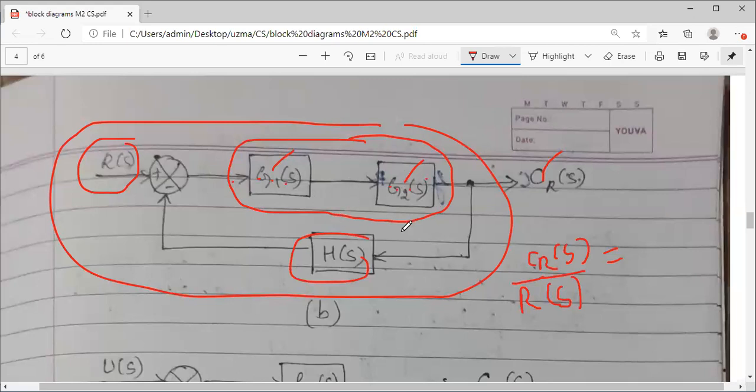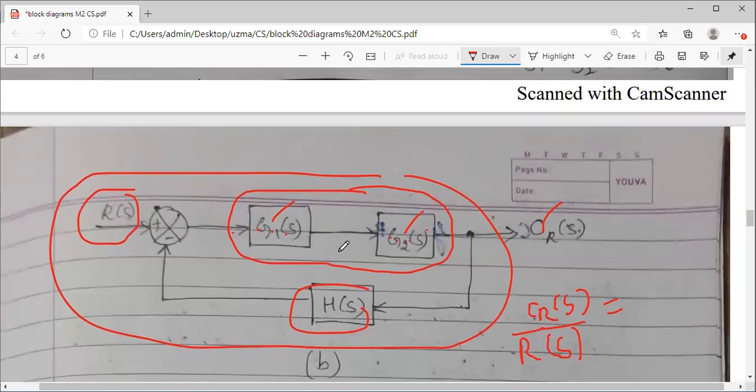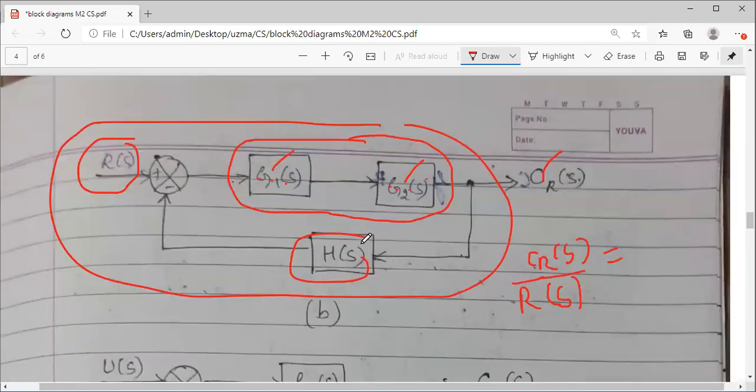If you have parallel, in future problems you will get those situations, whenever blocks are in parallel, you have to add them. Remember this. So here you can see it is not simply G of S, but G1 and G2 are connected in series. So I will take the product, G1 into G2. Please write it as G1 of S into G2 of S. I don't have space.